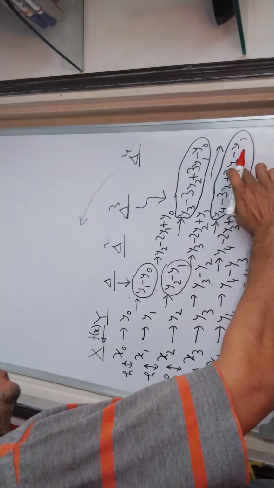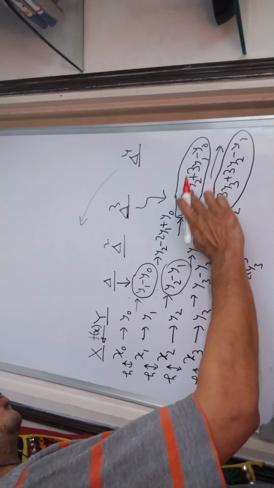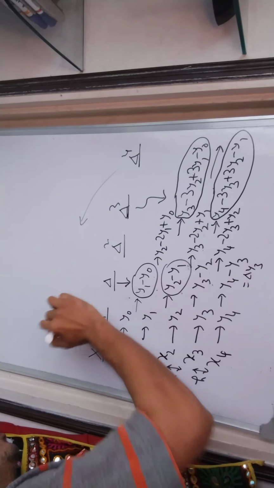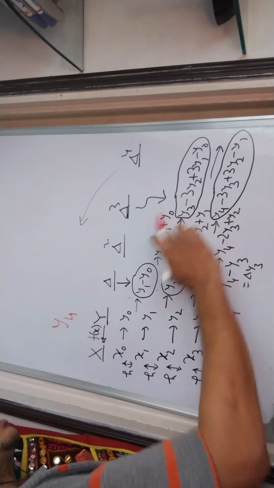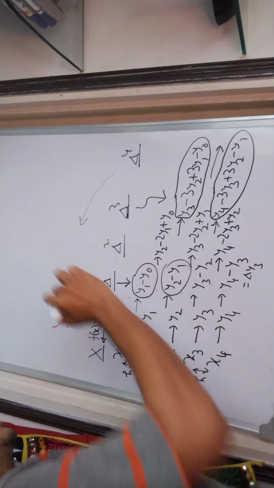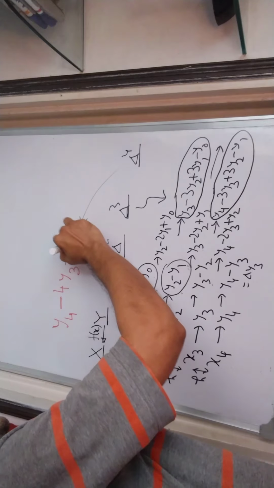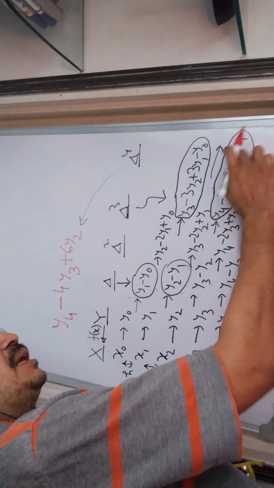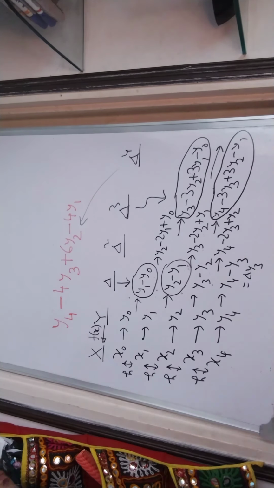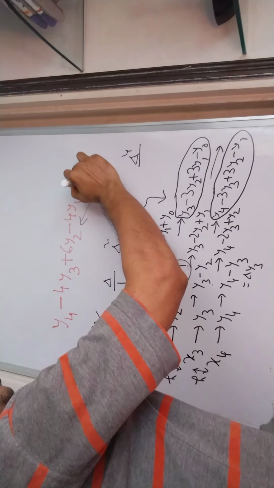Subtracting y4 minus 3y3 plus 3y2 minus y1 minus y3 plus 3y2 minus 3y1 plus y0, it gives y4 minus 3y3 minus y3 gives minus 4y3, then plus 3y2 plus 3y2 gives 6y2, then minus y1 minus 3y1 gives minus 4y1, and then plus y0.